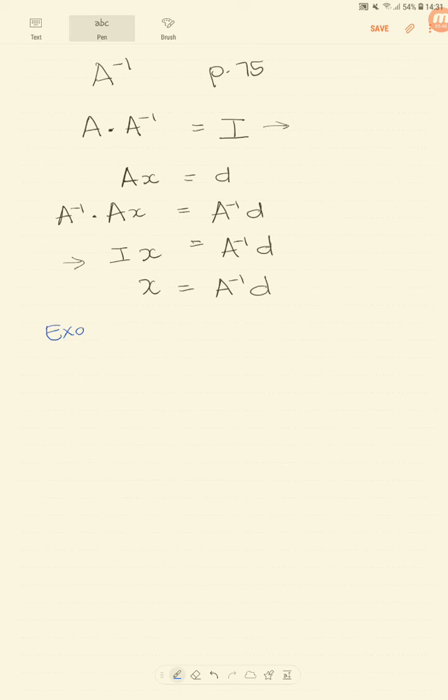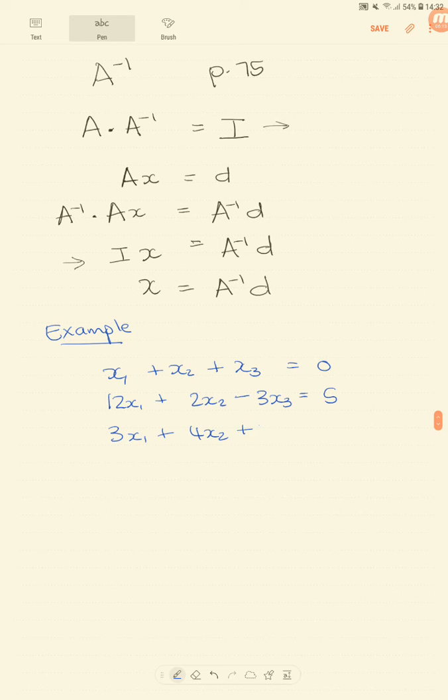So let's say, example: x1 plus x2 plus x3 is equal to 0. 2x1 plus 2x2 minus 3x3 is equal to 5. 3x1 plus 4x2 plus x3 is equal to minus 5.